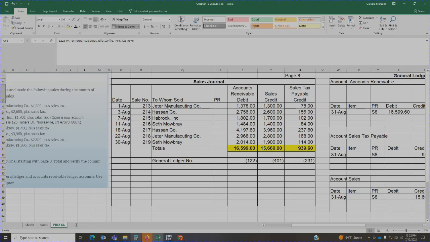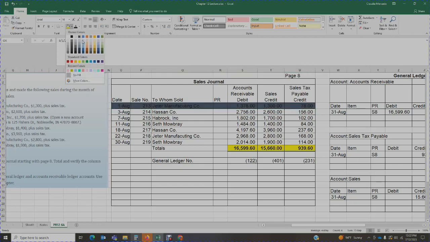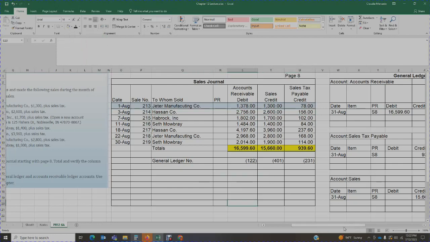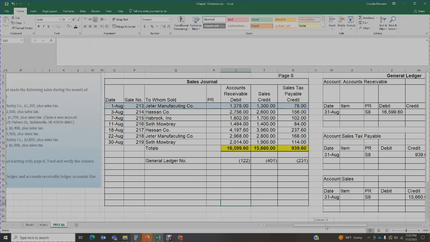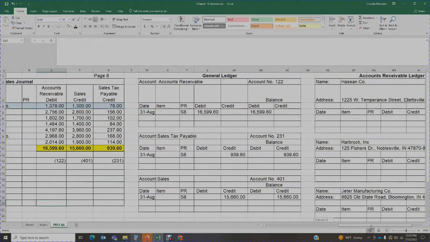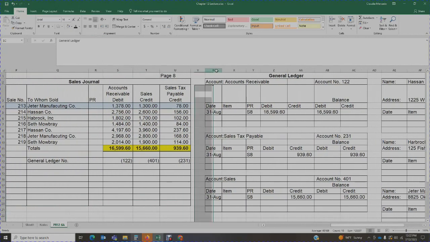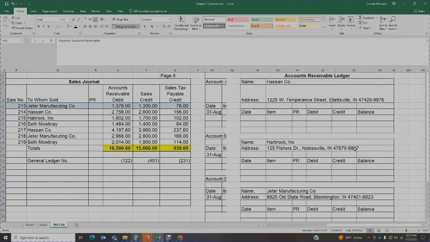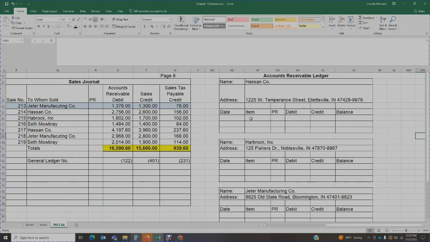So let's start with Jeter. I'm going to highlight them as I do them, that way we know that we've copied the information. We've got August the 1st, and we've got those 3 amounts. So I'm going to go ahead and hide these, that way I move my data over, and that makes it easier for me.